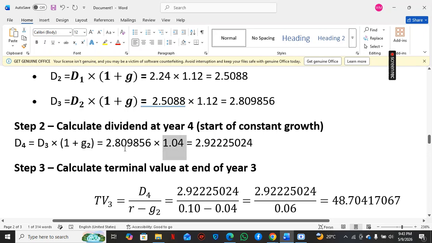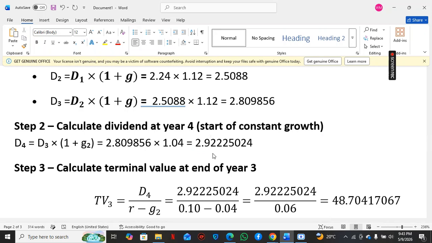So the dividend for year four is equal to D3, which is 2.809856, multiplied by the growth factor of 1.04, and you get 2.922. This is the dividend for year four, when the growth rate is constant.